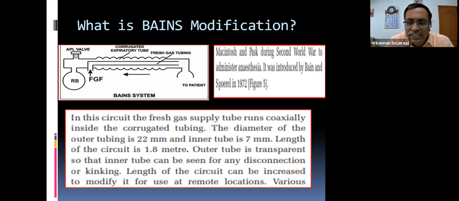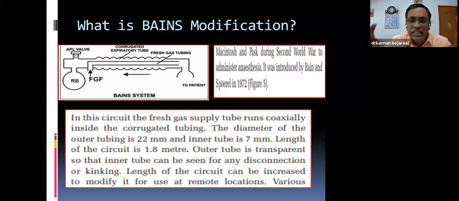And the outer tube is transparent so that the inner tube can be seen, for any dislocation and kinking. So this outer tube is transparent, we can see what is inside the tube. And you can modify the tube lengthening in remote locations according to our need in head and neck surgeries or anesthesia in remote situations. We can modify the tube length.